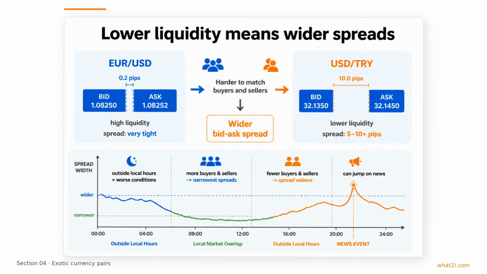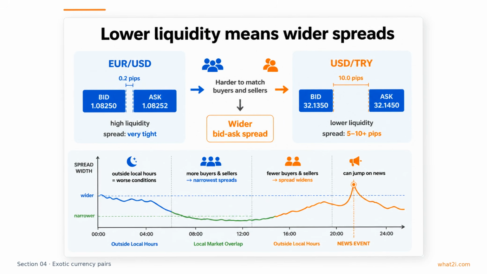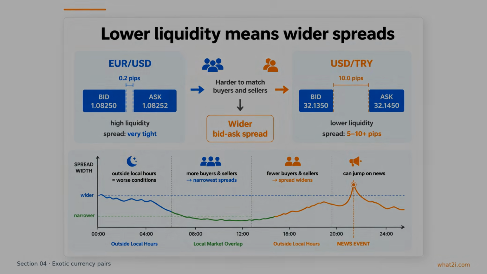That means the trade starts with a larger cost than it would in a major pair. Those spreads can also widen sharply during news events or outside the local market hours of the lesser traded currency. In other words, the price you see is often less stable from a trading cost point of view. For many traders, this is the first major adjustment they have to make when looking at exotics.